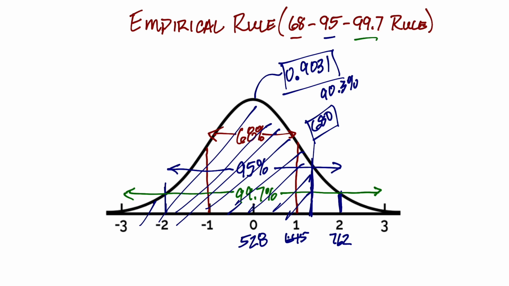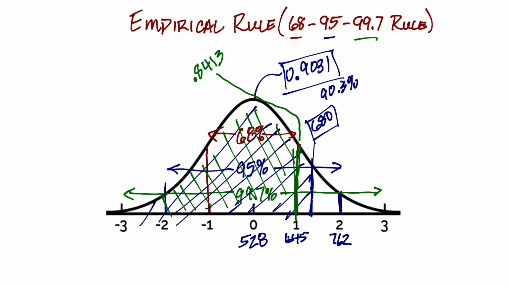Now, what about his brother, Ron? Ron was down here. He was exactly 1 standard deviation above the mean. So through the magic of my yellow box, this would correspond to the green area to the left, and that was 0.8413.